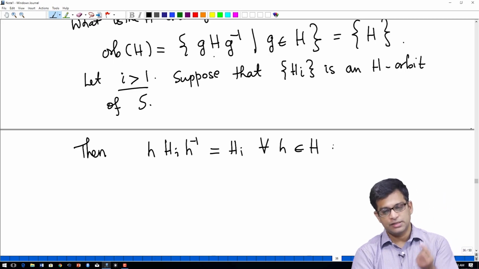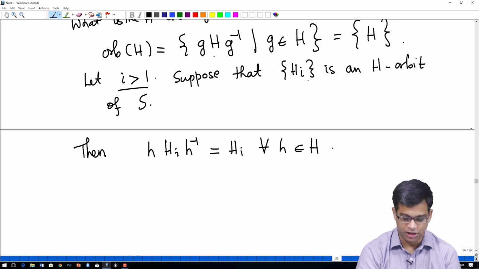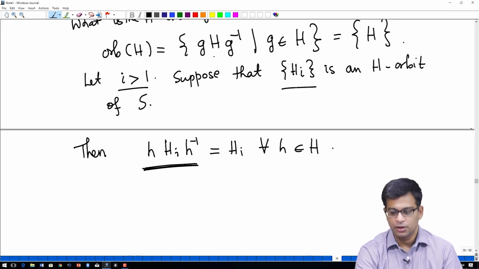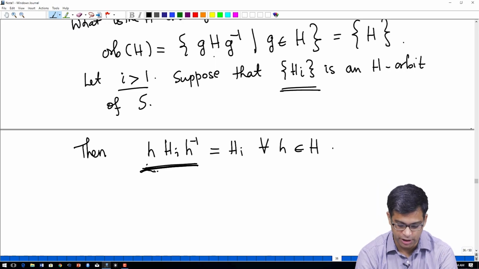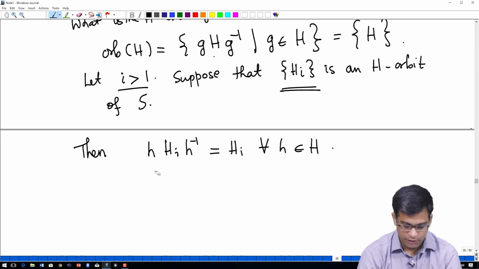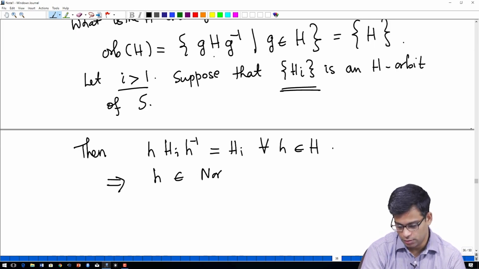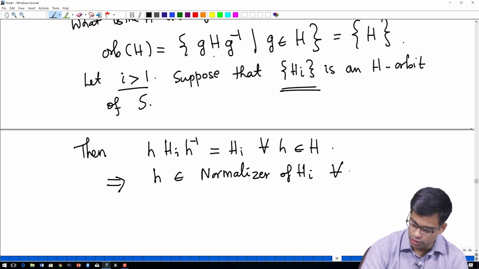This is the meaning of capital H I being an H orbit, because the H orbit of H I is all subgroups like this, but it is just H I. The singleton H I is an H orbit, that means small h times H I times small h inverse is equal to H I for every h in H. That means small h is in the normalizer of H I for all I, right.